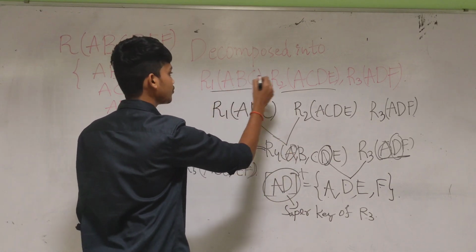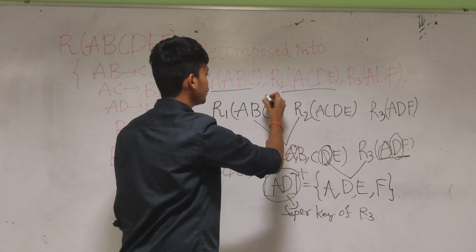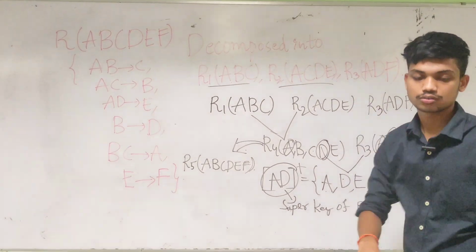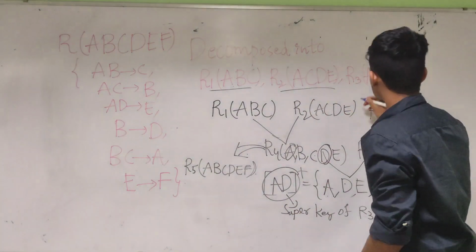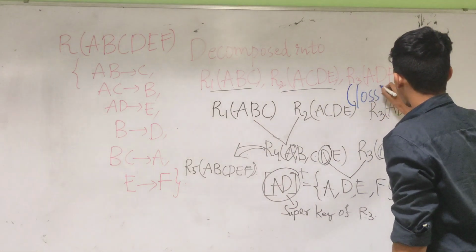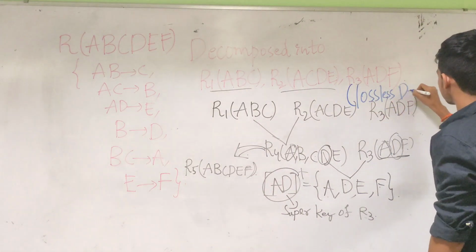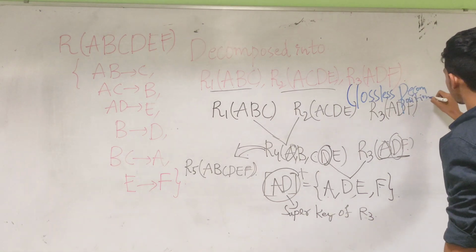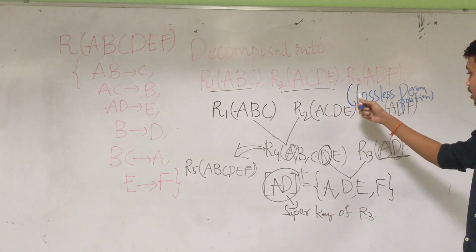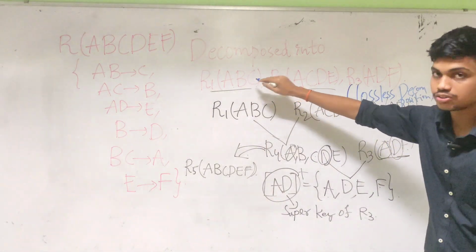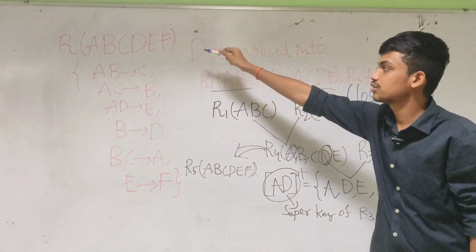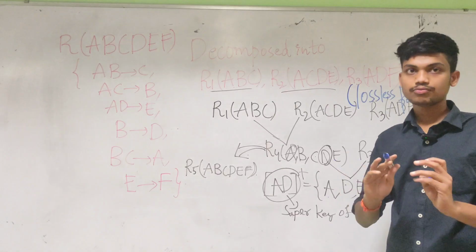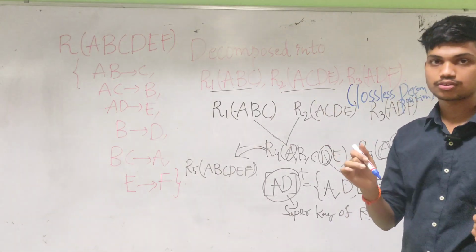So we can say that this decomposition is a lossless decomposition, because by joining these three we are able to get the original attribute set of R. So this is all about functional dependencies in natural joins.